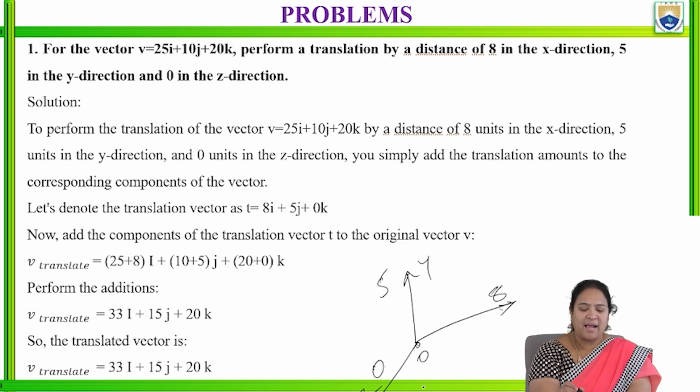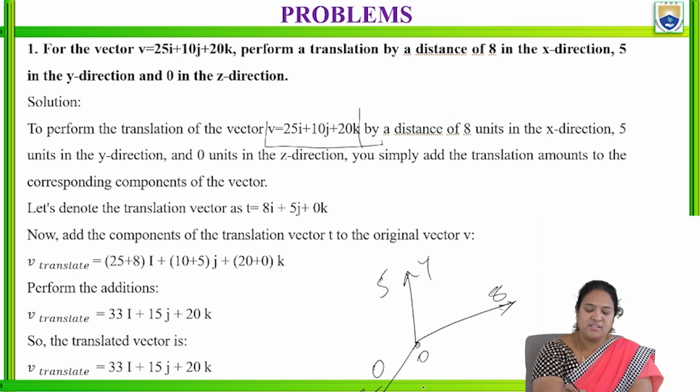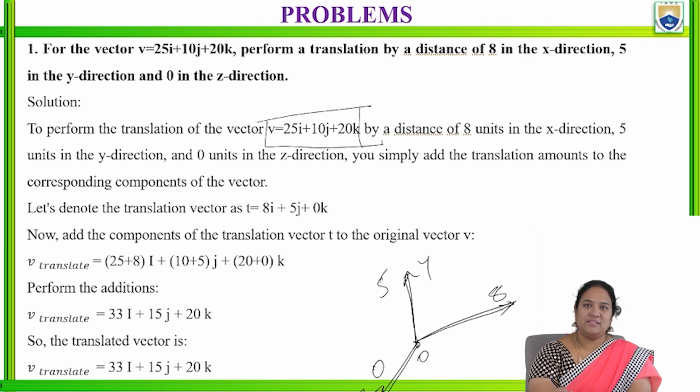To perform the translation, the vector is given as v equal to 25i plus 10j plus 20k, where it is taking a distance of 8 units in the x direction, 5 units in the y direction, and 0 units in the z direction. That is, in the z direction it is simply 0.